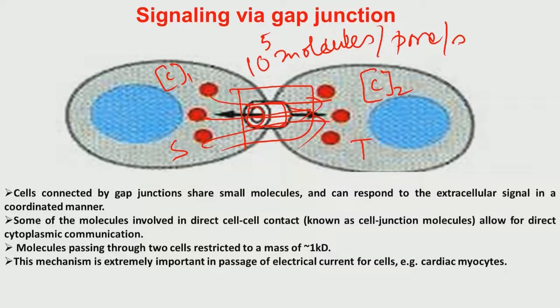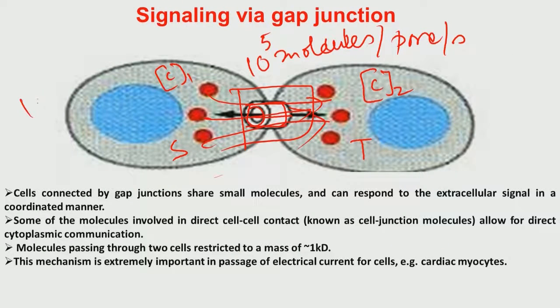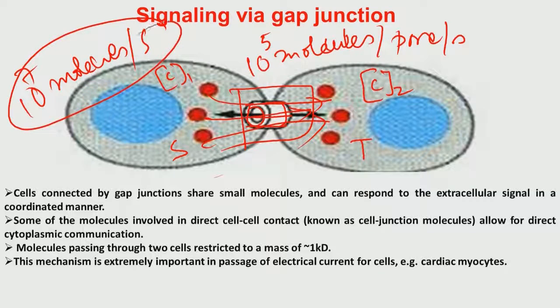Now, imagine that a typical cell surface has a large number of pores through which signaling molecules can easily pass from one cell to another. Suppose there are 100 pores per cell, then the total flux will be on the order of 10 to the power 7 molecules per second transported between the source cell and the target cell.